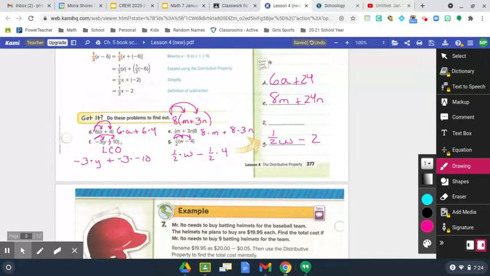Okay, let's simplify it. -3 times y is -3y, plus. Integer rules here: -3 times a -10. Two negatives multiplied together is a positive, so that's going to be positive 30. -3y plus 30. I'm done.